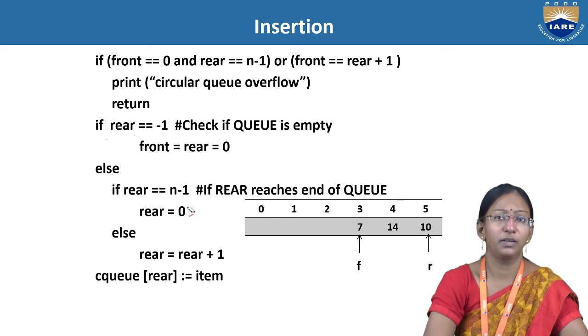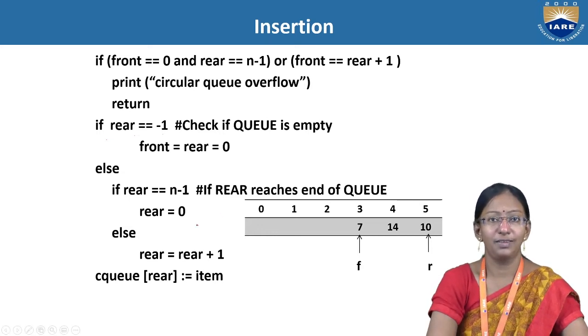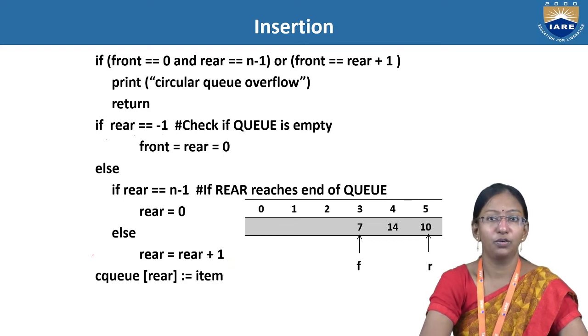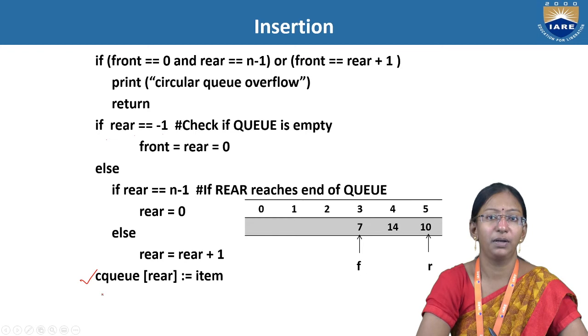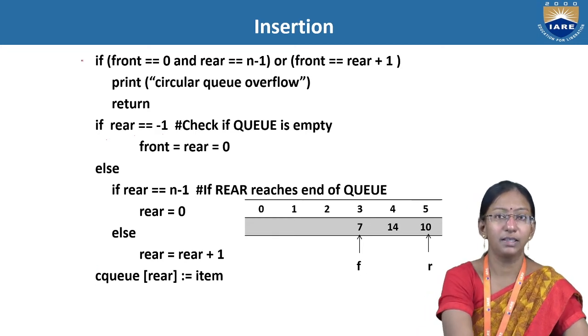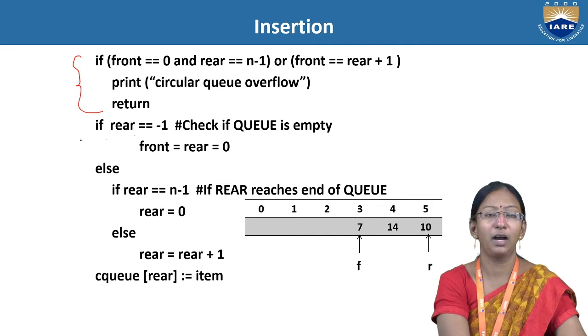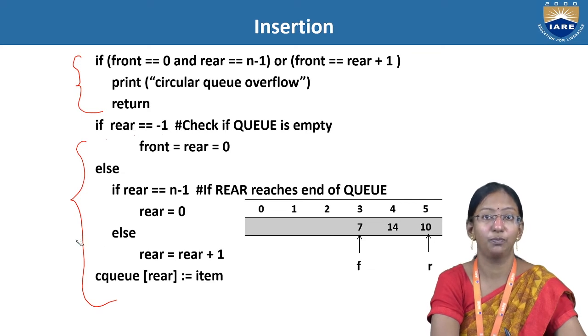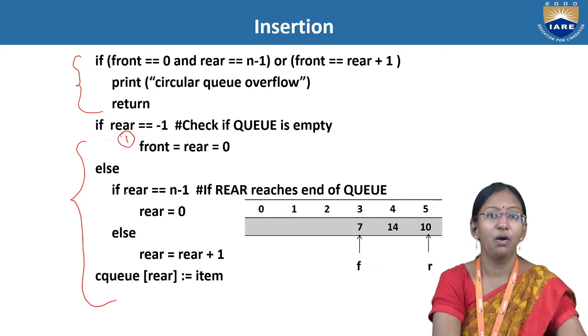If all of these are not there, it's a normal scenario, then rear gets incremented normally, and the operation that you have to perform is to insert the element at the rear position. I can say that this is the case of failure where we cannot insert, and these are the cases where we can insert. In that we have three cases: when the queue is empty, the case where the rear is pointing to n-1, and a general case. Three cases.